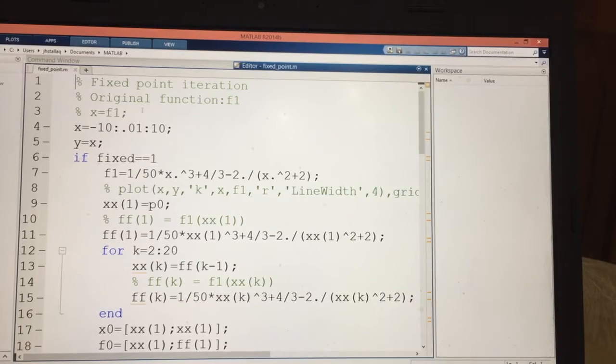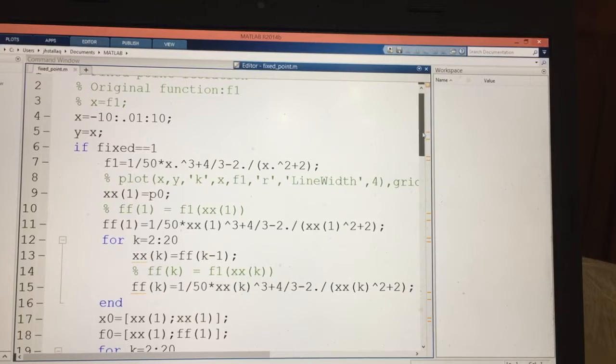So x should be f1, and what we do is define a vector x, with values from -10 to 10 in steps of 0.01, and we say y equals x, that's the linear line. Then I defined an index, which we called fixed.